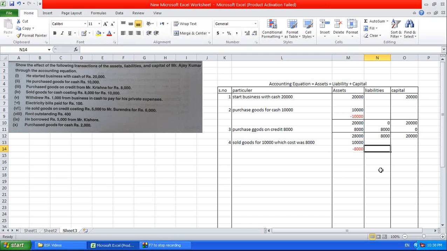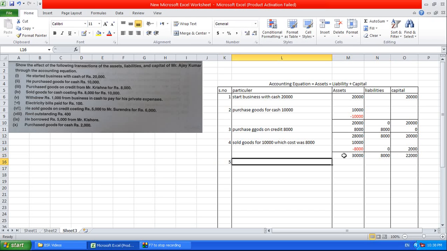Profit means 2,000 should be added to capital. After this entry, let's see the amounts: total 30,000 in assets, 8,000 in liabilities, and 22,000 in capital. Let's go to the fifth entry.